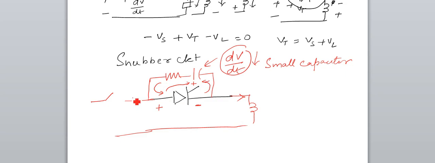Okay, and the current will flow like this, right? Now this I'll explain in your commutation circuit. But the limitation is put by your capacitor. Okay, and in order to maintain the limiting value of your charging current to the capacitor, we are putting this resistance. So these are the two methods that can be utilized for protection of your SCR.